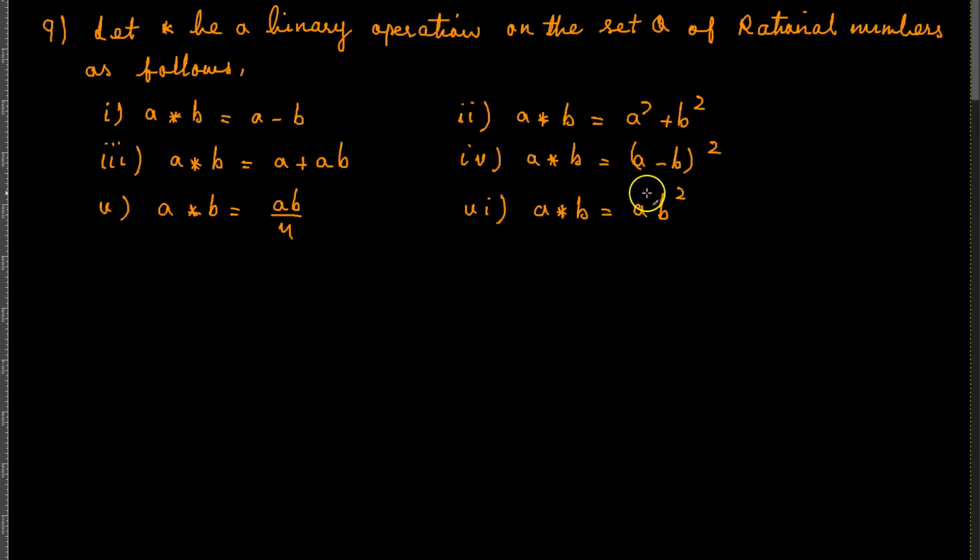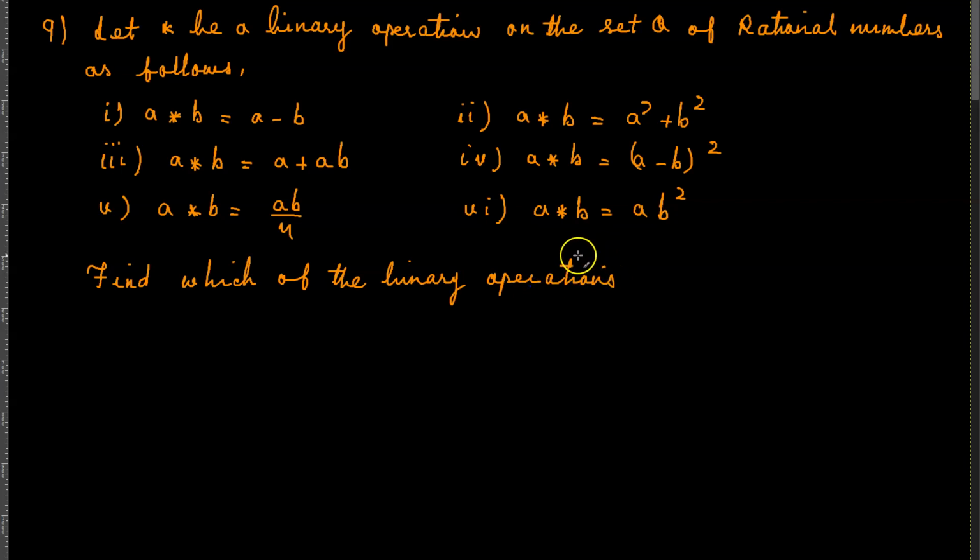Now, for which of the binary operations are we to find which of the binary operations are commutative and which are associative.